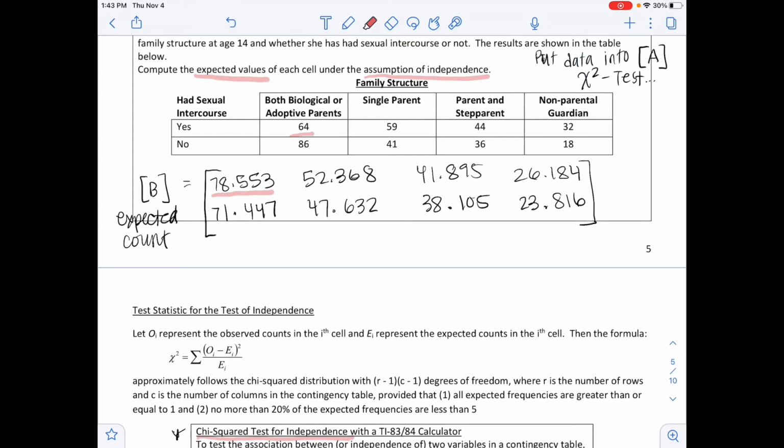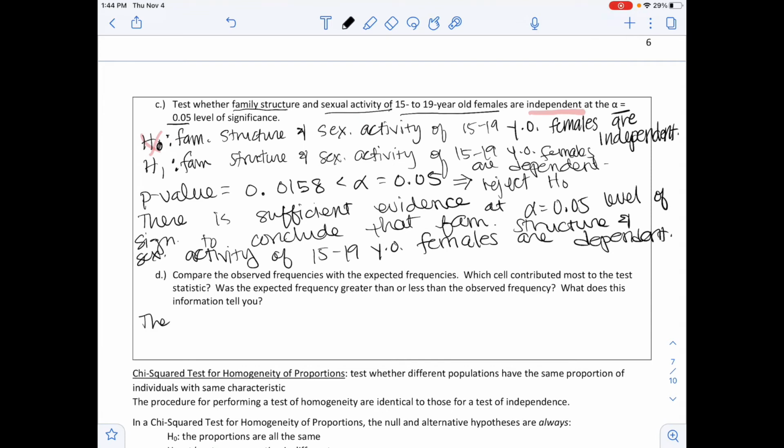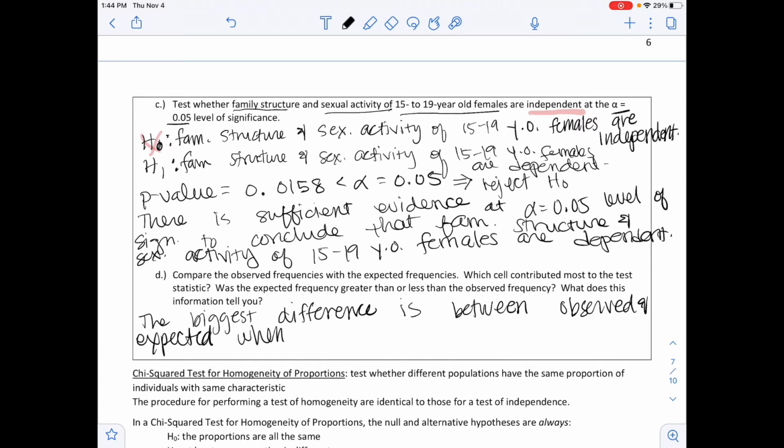So the biggest difference is going to be when both parents are present. If you look at the numbers between the observed and the expected at all of the cells, the biggest difference is between observed and expected when both parents are present.